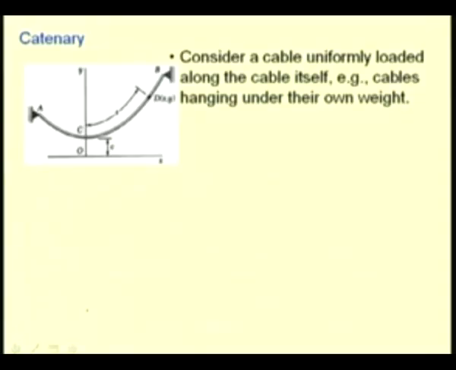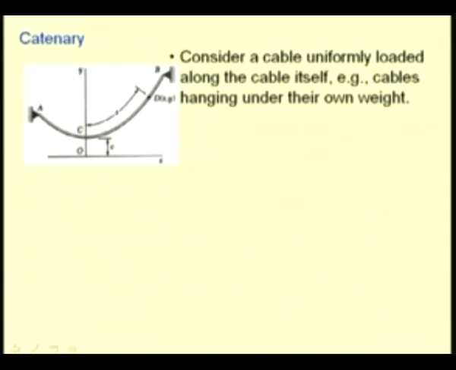So, the weight of the cable acts along the length of the cable, and in the previous discussions we have not considered the same. So, let us see how the shape of the cable changes if we consider the self weight of the cable. So, here you see a cable ACB where the self weight is considered and it acts along the length of the cable.